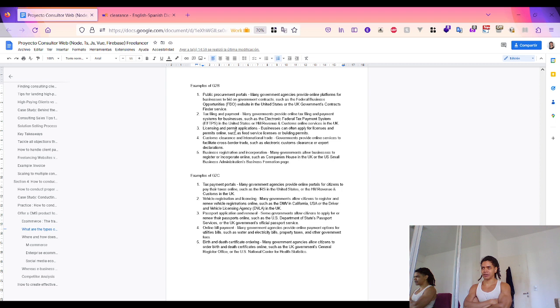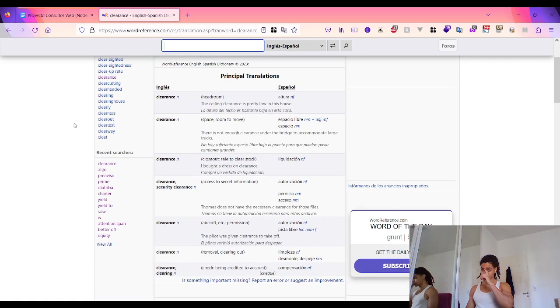It's funny because clearance has a lot of meanings, and a lot of the time in Spanish you have a specific word to describe each of them.